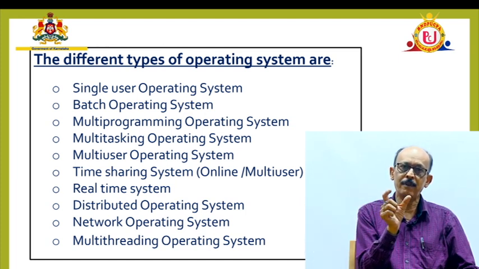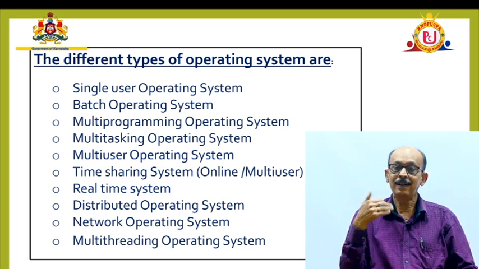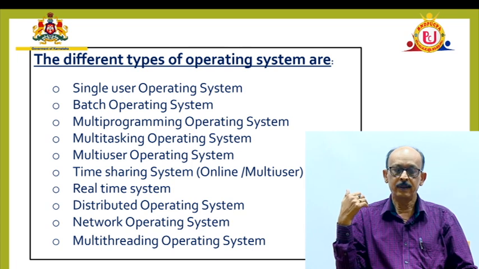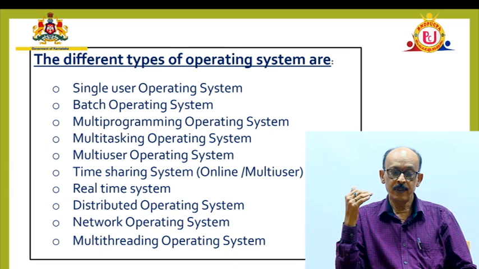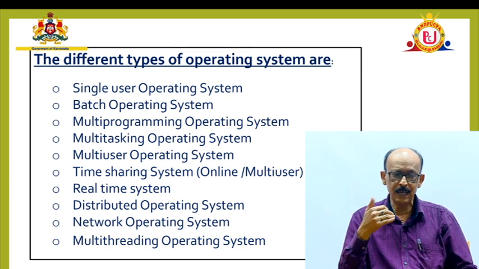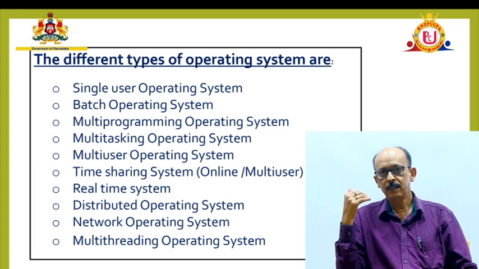Some time span is given to each user to get the work done from the computer. Real-time operating system, I'll give you an example later. Distributed operating system, network operating system, and multi-threading operating system. So these are a few types of operating systems.